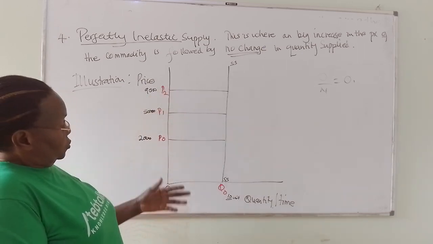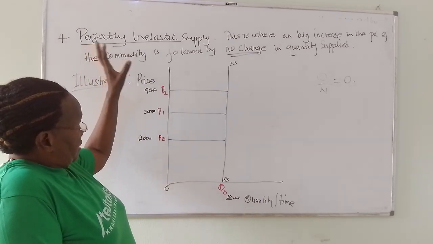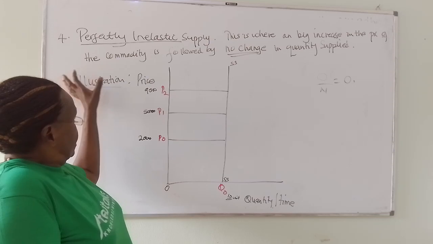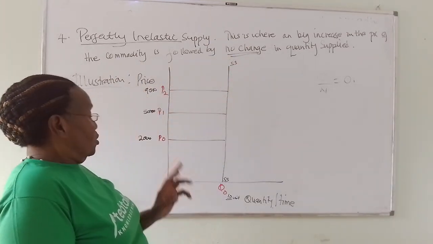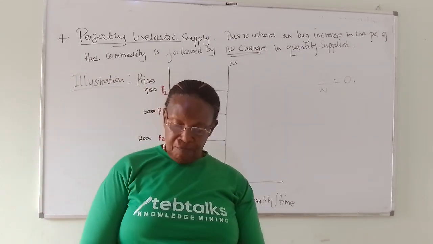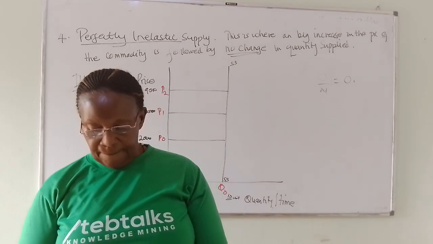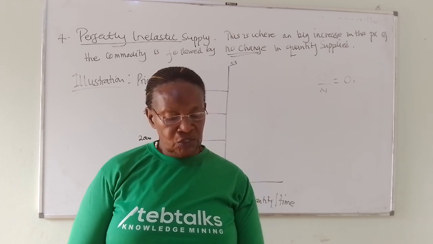So such situations may arise where the supply of a commodity is perfectly inelastic and there is a big increase in the price of the commodity, but it is followed by no change in quantity supplied. So the change in quantity would be 0 despite the changes in the price of that commodity, and you find that in the long run your coefficient is going to be 0.